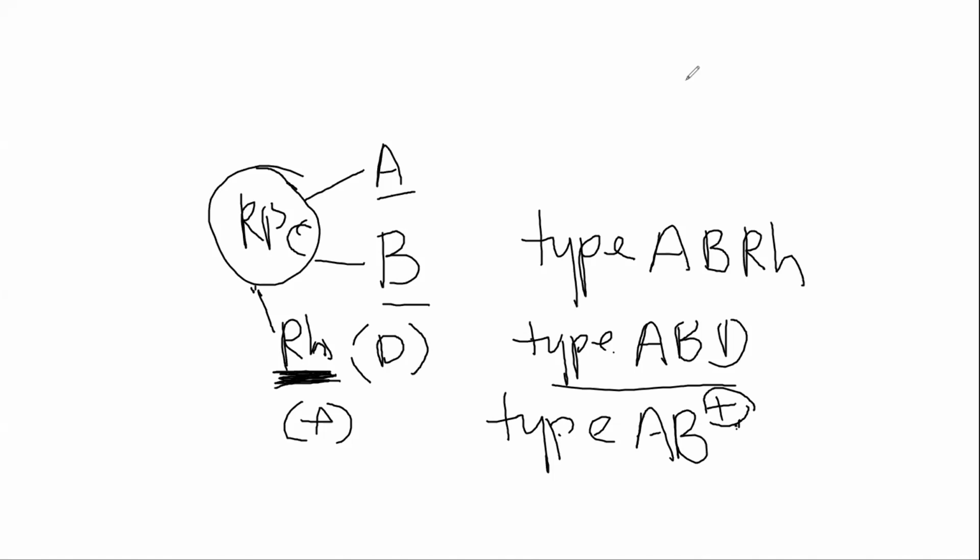Let's try another one. If there's an RBC here that has A and has Rh, the blood type is A positive. We use the positive sign to represent the Rh antigen.